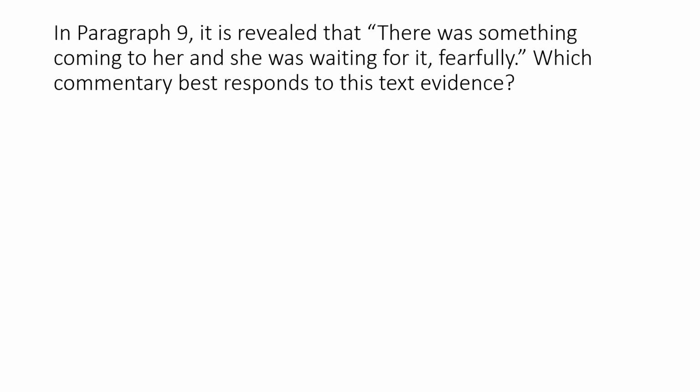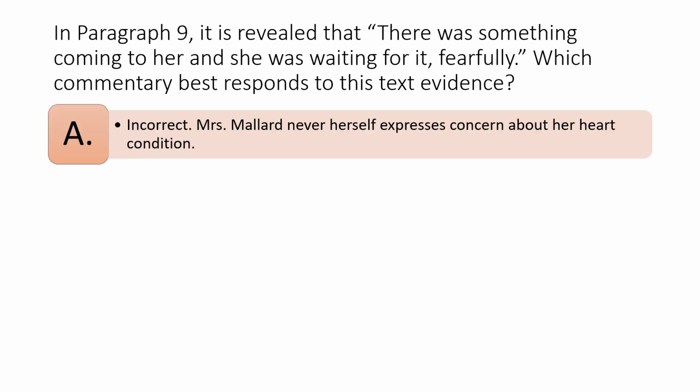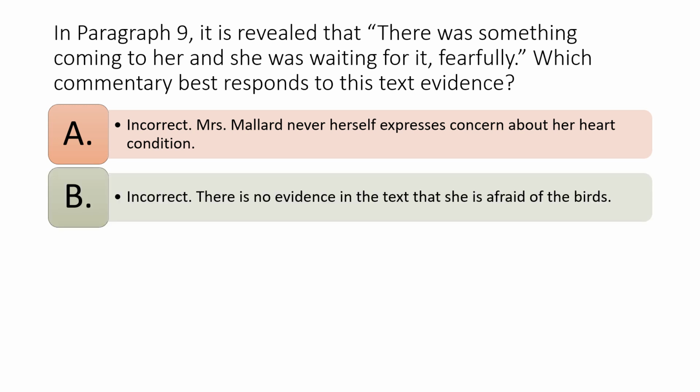In paragraph 9, it is revealed that there was something coming to her and she was waiting for it fearfully. Which commentary best responds to this text evidence? A is incorrect. Mrs. Mallard never herself expresses concern about her heart condition. B is incorrect.